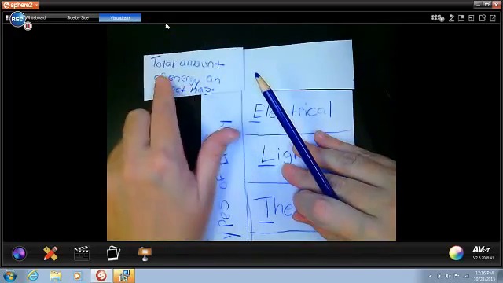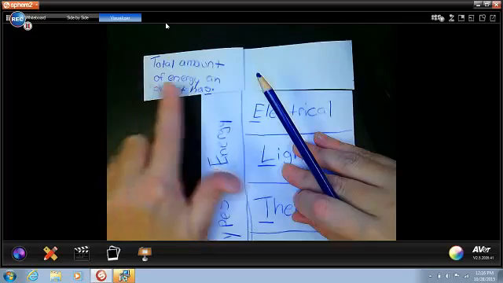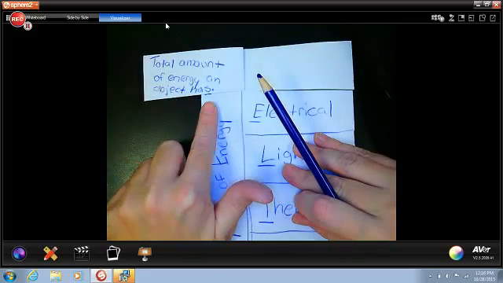Okay, so let me show you quick. That's our definition: total amount of energy an object has.